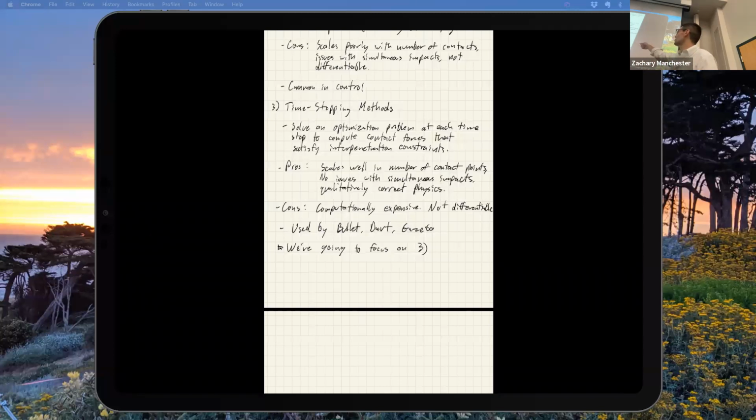Actually, Gazebo uses Dart, I think, by default. And there are lots of these libraries. The details of how you implement this can vary a lot. At a high level, they all solve some kind of constrained optimization problem to do this. The details can be quite different though.